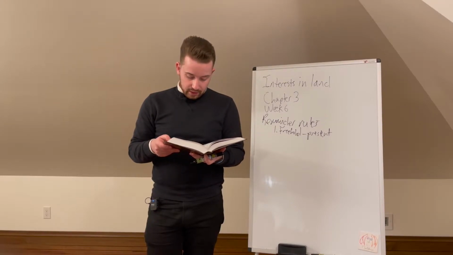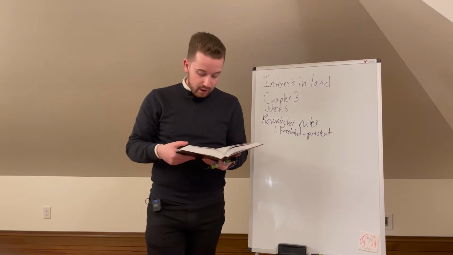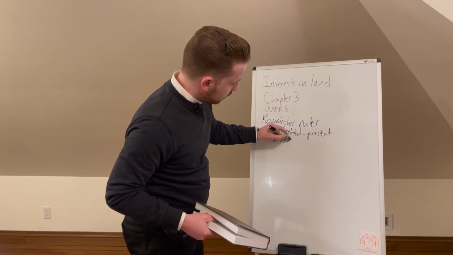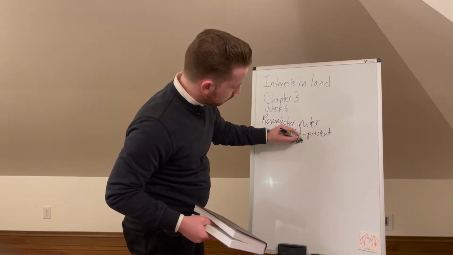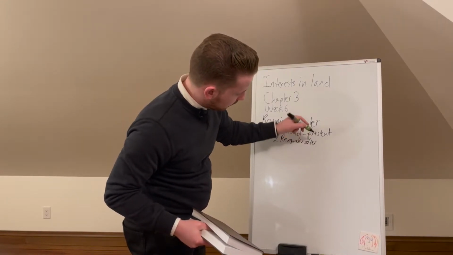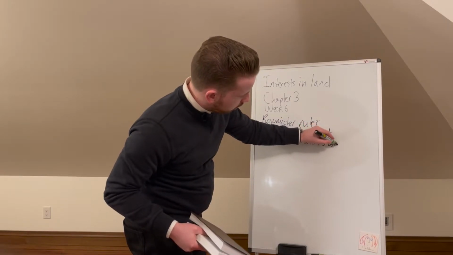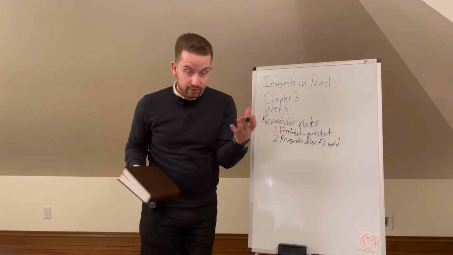Then the second rule is a remainder after a fee simple is void, which is kind of obvious actually. So you cannot give more than you have.